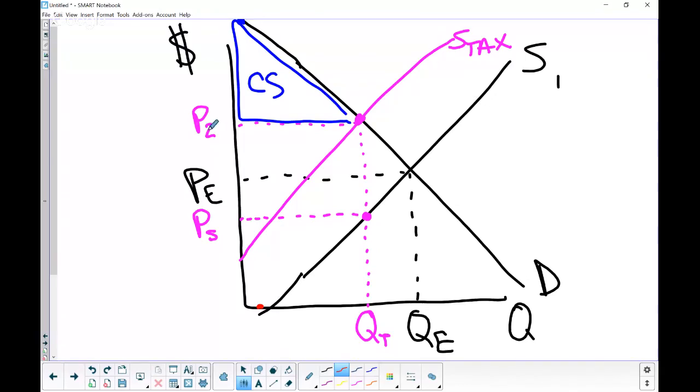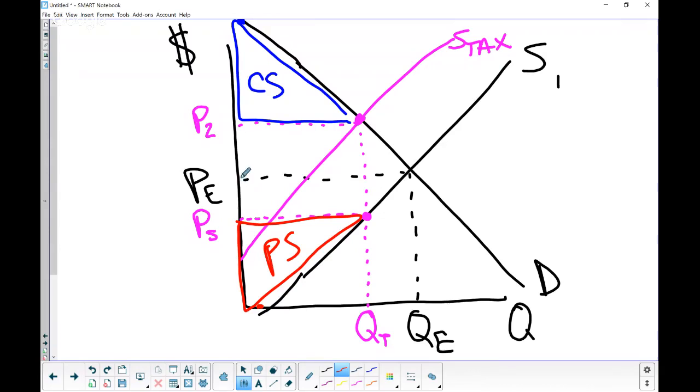Again, they sold it up here, but the government stuck their nose in, and they're actually going to say, this is what you are going to get out of the sale. So willing to sell it, did sell it, all the way up, in this area here is our producer surplus. Okay, so that leaves us with a couple boxes here.